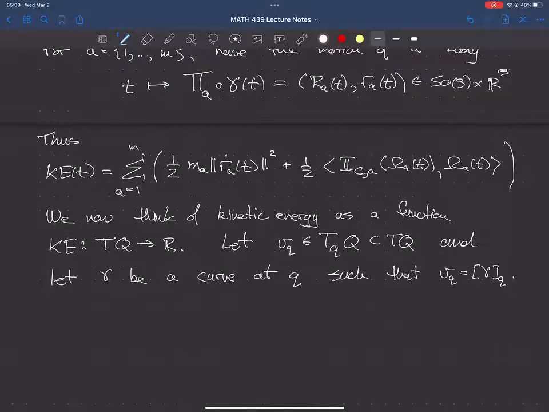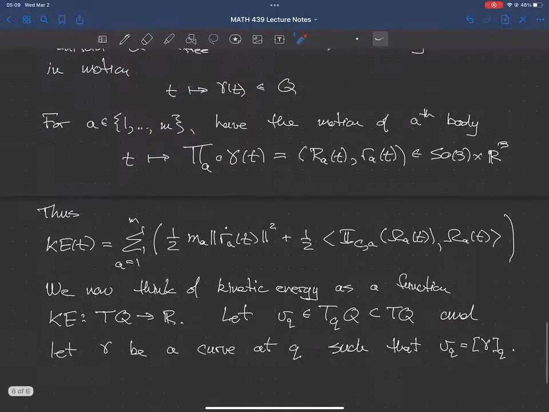Okay, so now given this connection of a tangent vector with an equivalence class of curves, I've put myself exactly in this situation here, of having the system in motion. And all I'm going to do now is, because gamma is a curve at Q, so that means that gamma passes through Q at time 0.